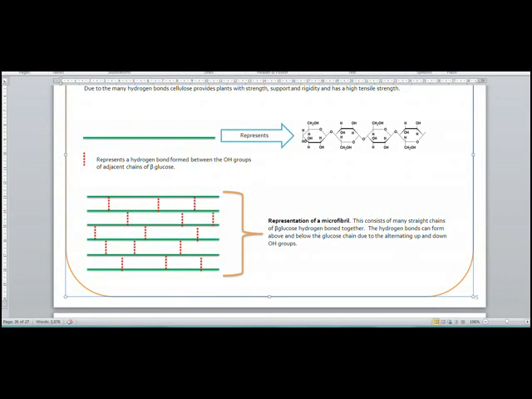What you've got there with the green line represents your long straight chain of beta-glucose monomers. Okay, and each chain of beta-glucose monomers is held together by hydrogen bonds. The hydrogen bond is being formed between adjacent or neighboring chains of beta-glucose.